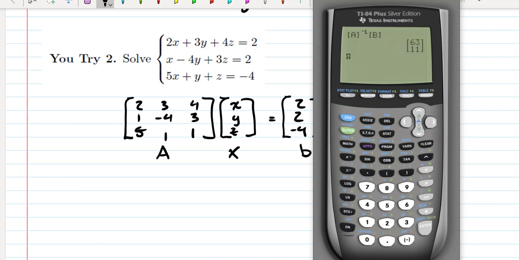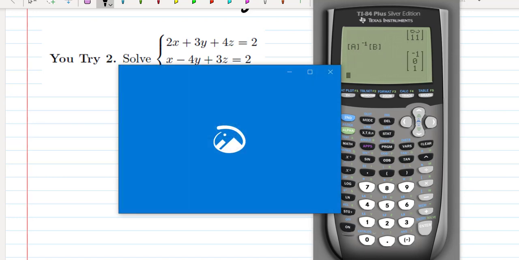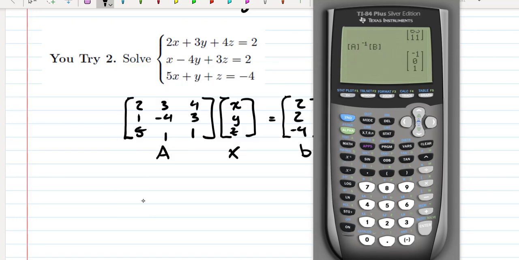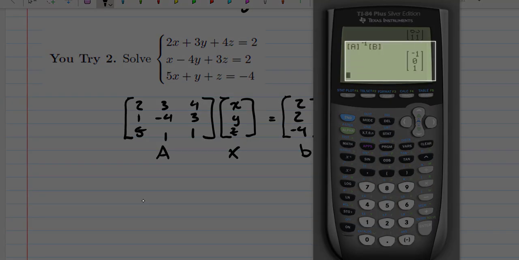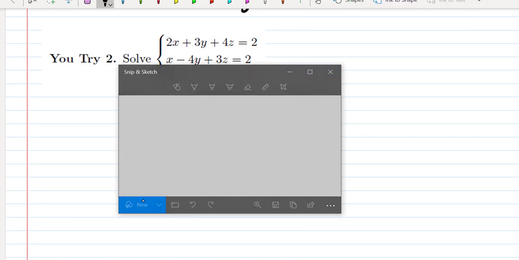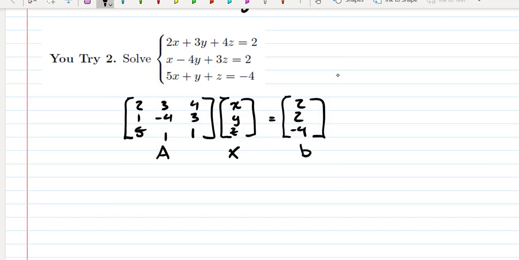Then I go back, second matrix, and put in matrix B. This time matrix B is a 3 by 1 instead of a 2 by 1, so change its size: 2, 2, and -4. I've got both of them in my calculator, so I just type A inverse times B again. This time I end up with the matrix -1, 0, and 1.